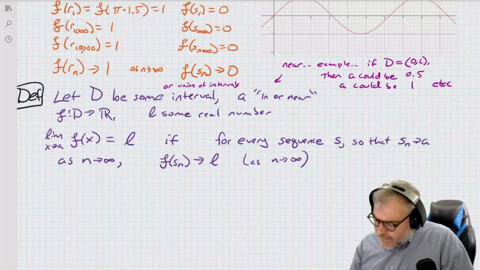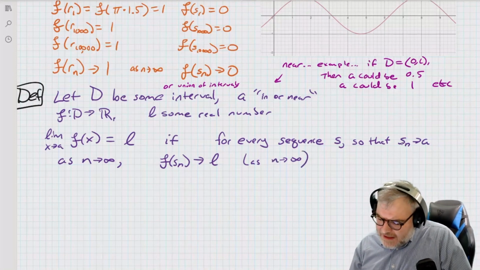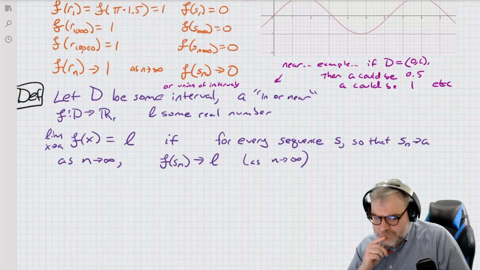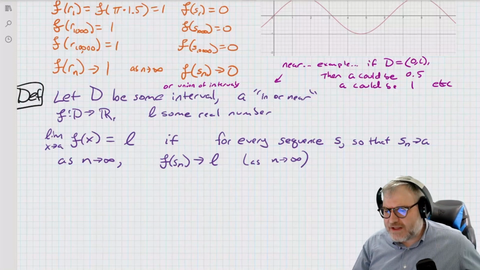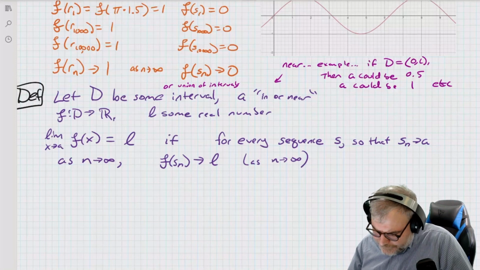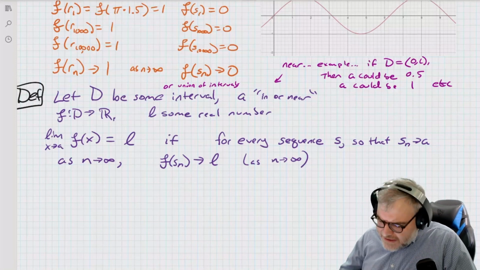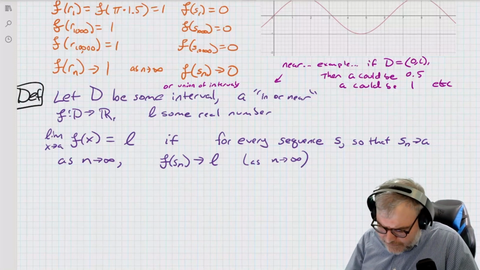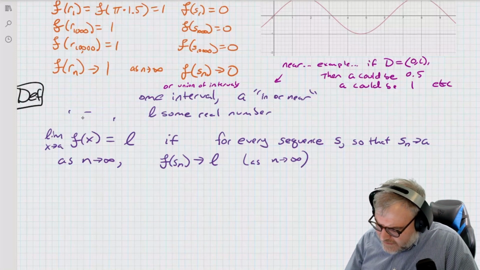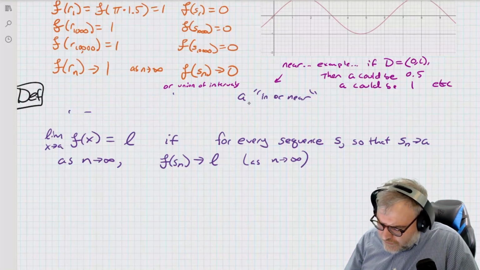So here's my form. For every sequence so that Sn goes to A, this is in the X space, f of Sn goes to L. How do we feel about that? Matter of fact, let's get rid of this weird notation from the beginning and just go with the intuition.